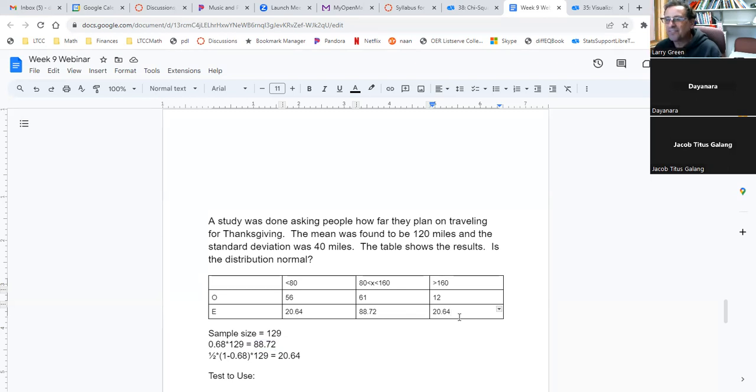Yeah, this is a goodness of fit test because we know the distribution of the normal distribution. That's very mathematically known. What we don't know is the distribution of how far people are traveling for Thanksgiving. And we want to see, is that the same as the known, which is normal? So the test to use is goodness of fit.